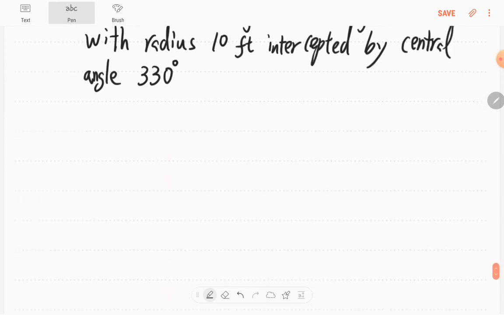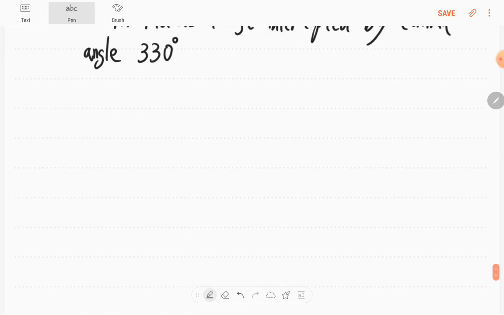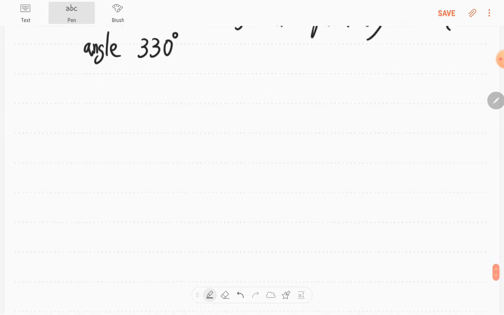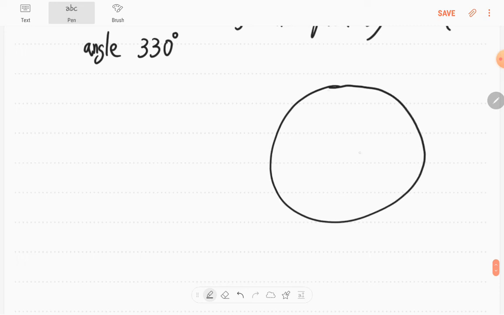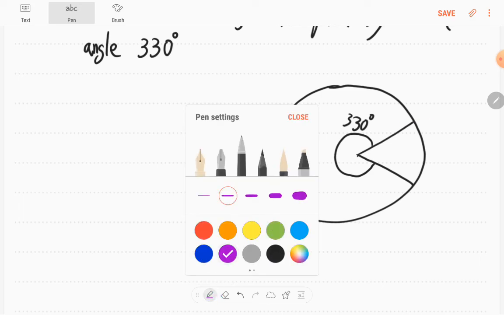Okay. So we want to know the arc length. So if this is the circle, right? This is the 330°, and we want to know what is the length, which is the red part.